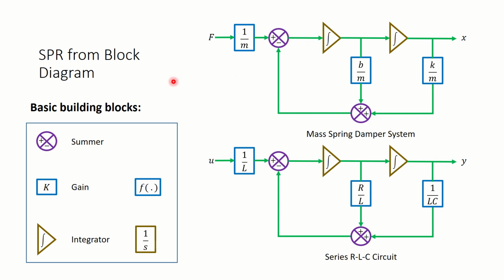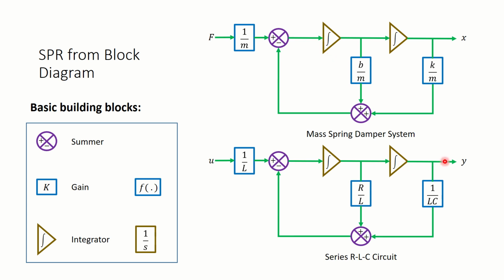Since we could get this block diagram from the state space representation, similarly we can get the state space representation from this block diagram, and that is left for you as an exercise. You simply assume the outputs of the integrators as x1 and x2 and try to do the exercise.